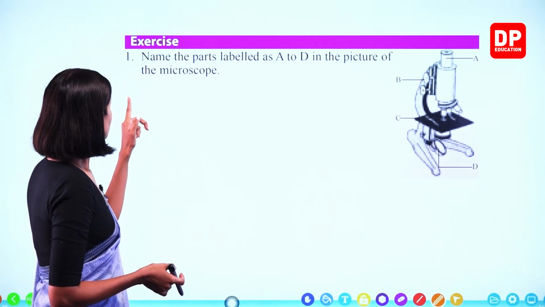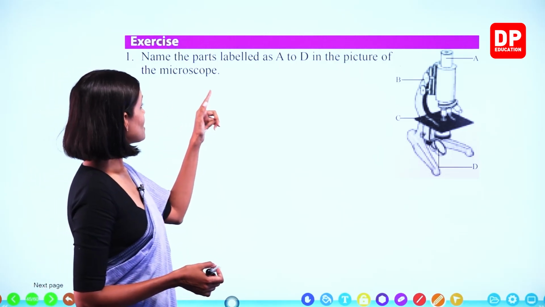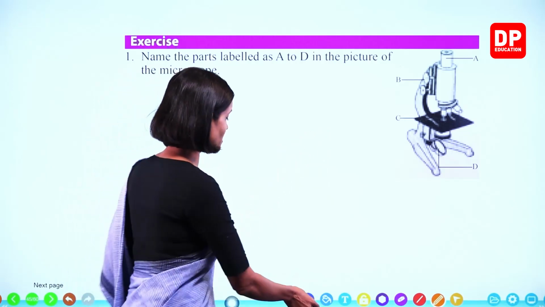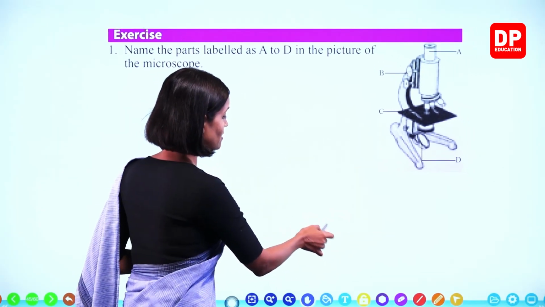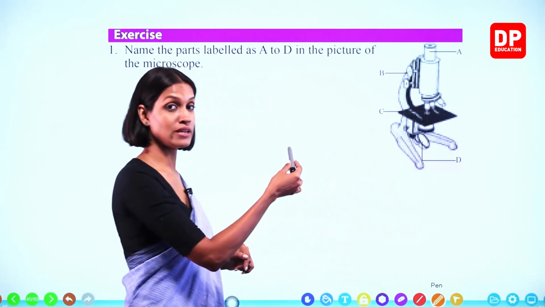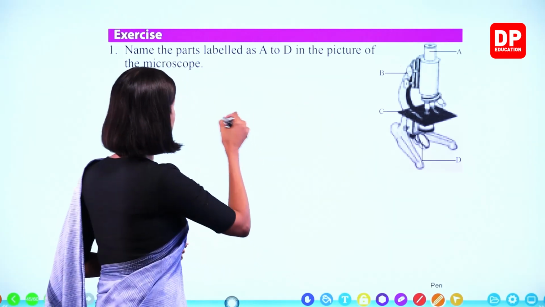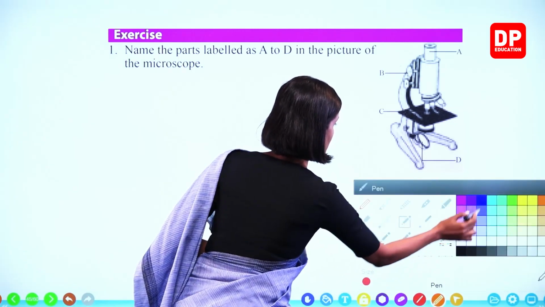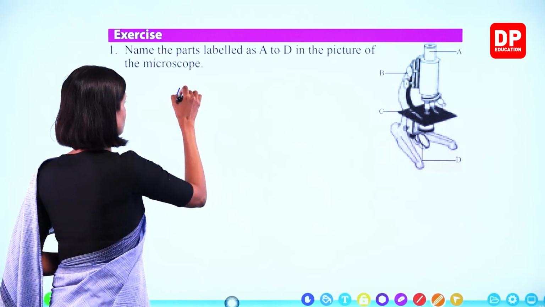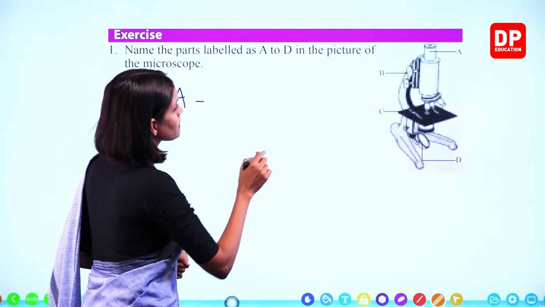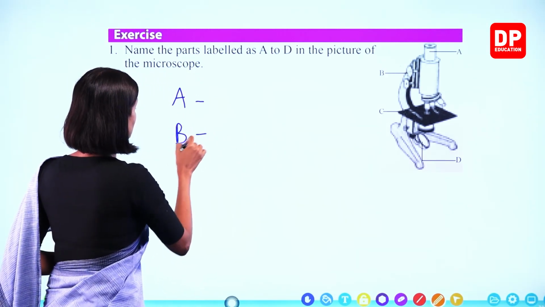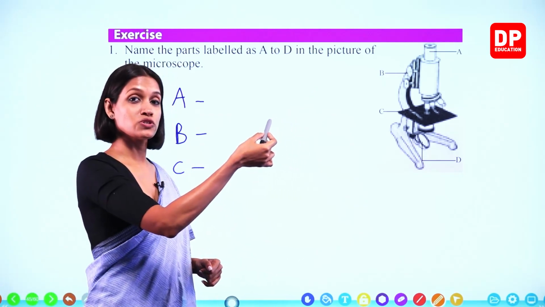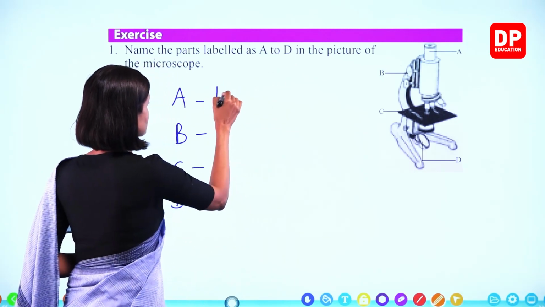Number 1. Name the parts labeled as A to D in the picture of the microscope. Look at this one, children. The picture is given. Now it's very easy because we learned how to label the parts. What is A, children? We'll first write A, B, C, D. A is the lens that is closest to the eye, that is known as the eyepiece.